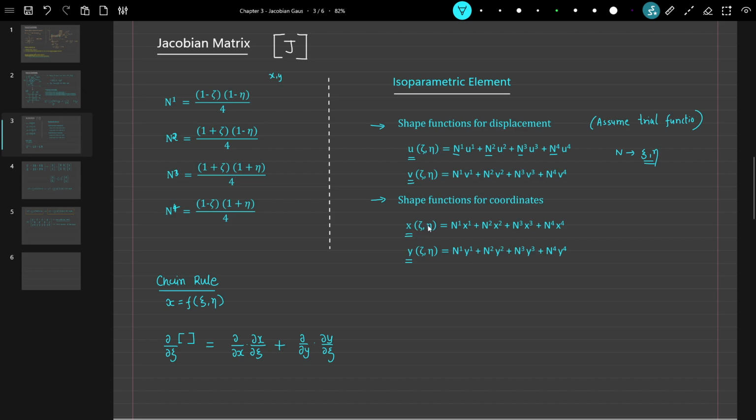So the xy coordinate of any point within the element is given by this equation. So x1, x2, x3, x4 are the nodal coordinates. Similarly, y1, y2, y3, y4 are nodal y coordinates. So let's try to understand basically what we are doing here.